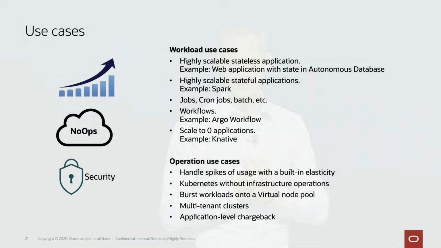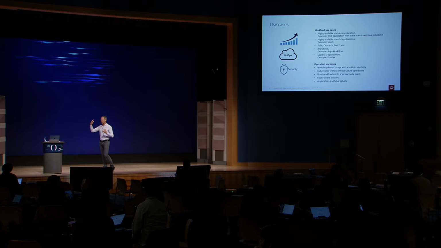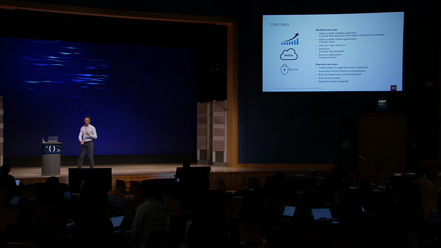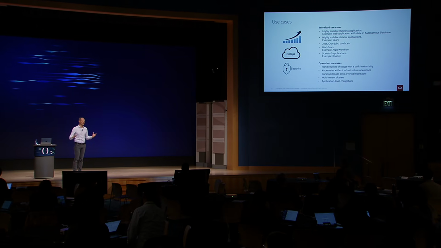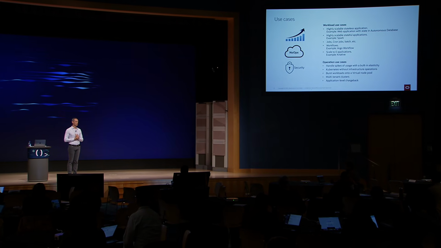So the use cases for virtual nodes are pretty much everything that you would want to run on Kubernetes. But the applications that are spiky in nature, that require a lot of resources and then not much at all, will be at home on virtual nodes.